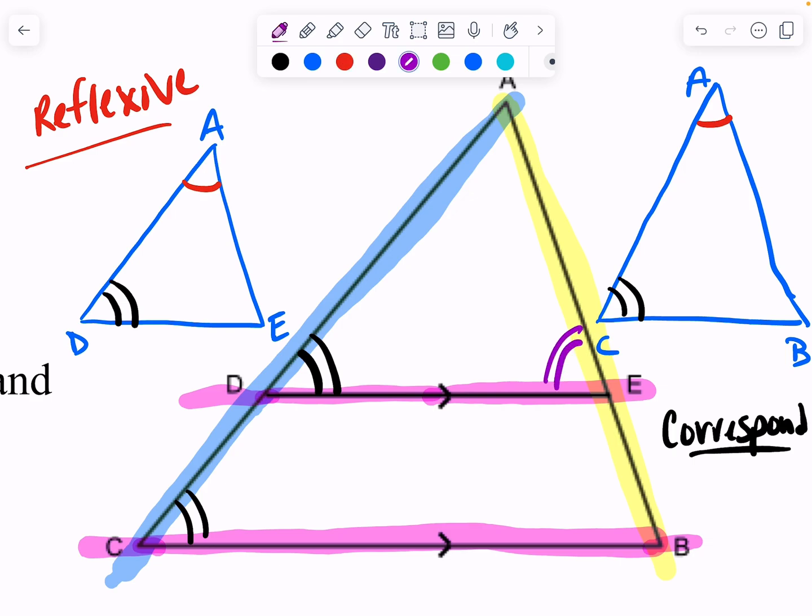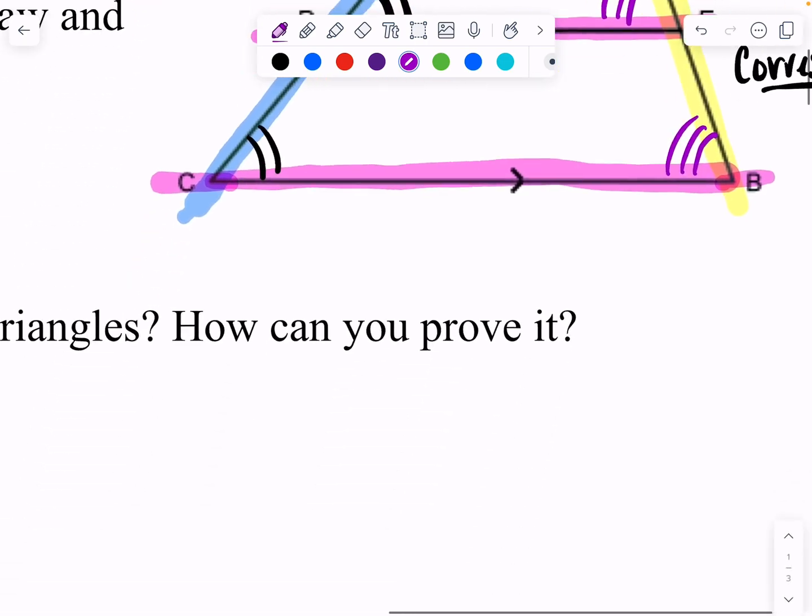So we've got a yellow and pink angle here, and a yellow and pink angle here. So we've got 3 dashes here and 3 dashes here. So essentially, through parallel lines and the reflexive property, we have two triangles that have 3 congruent angles. So this would mean that these two triangles, one that sits on top of the other, or one that's been split by a parallel line, is said to be similar.